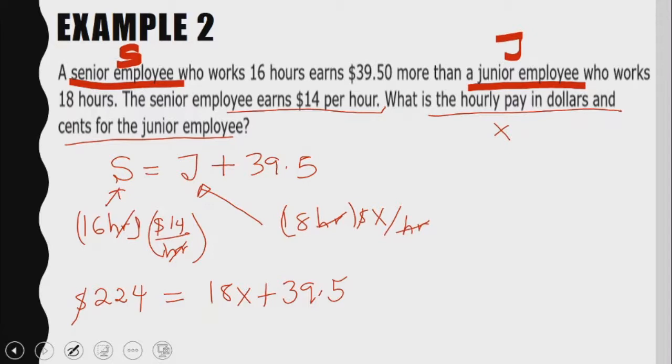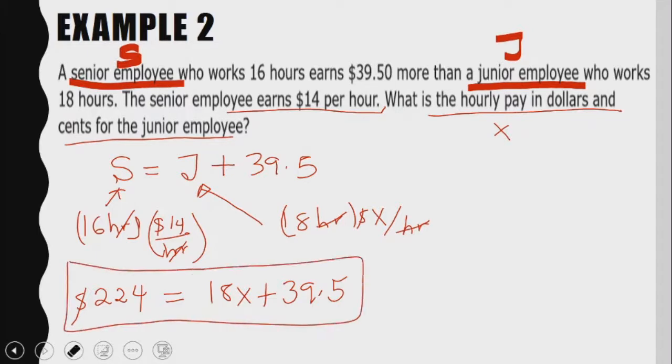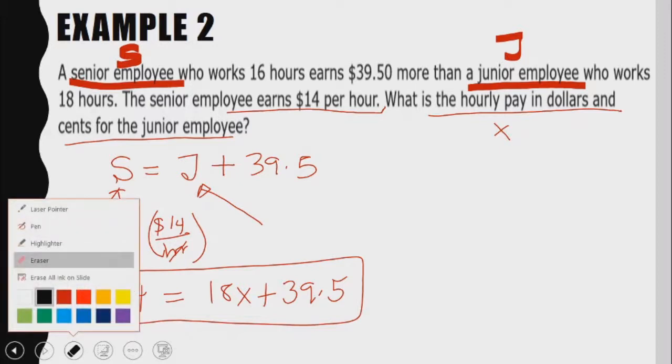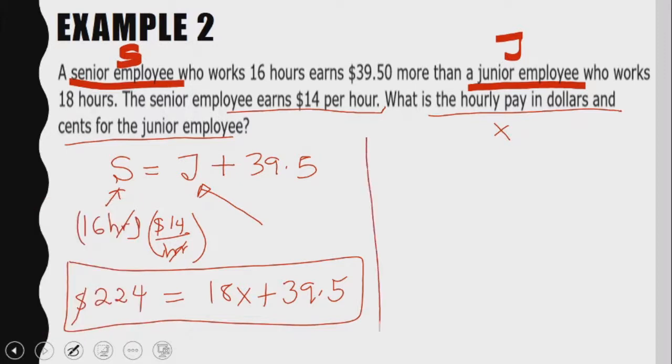So basically, what this question is asking us to do is to solve this equation. So we want to solve 18x plus 39.5 equals 224.